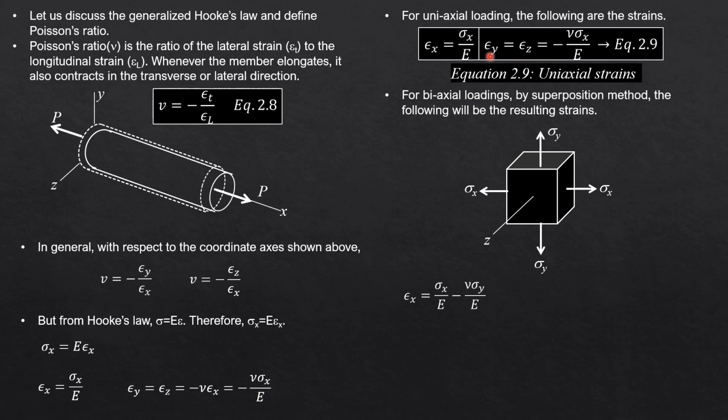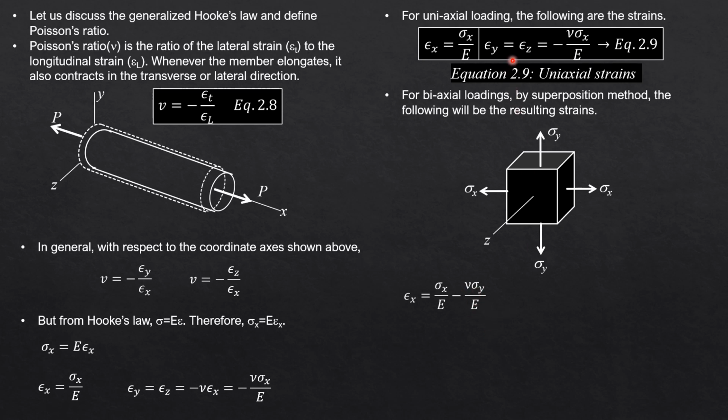If there is stress along y, then the strain along x would be negative Poisson's ratio sigma y over E. That's why we have to subtract this term here.